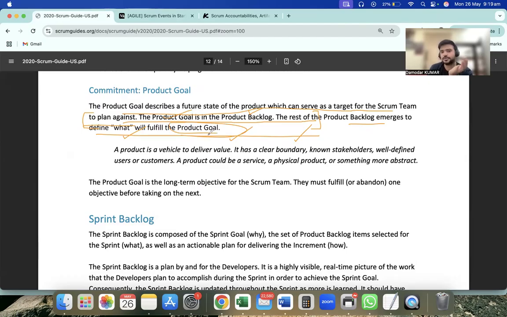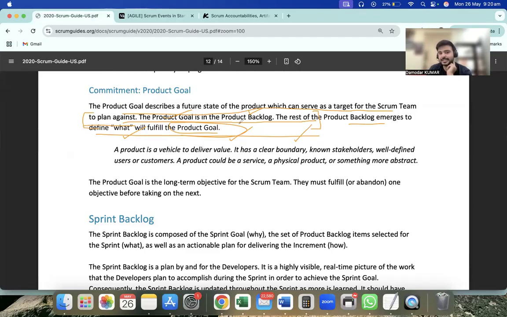So let's take the same example. Our product goal was to make a community for the users where questions can be asked and answers can be given, with like-minded people who are focused on achieving or transitioning into Scrum Master goals. So this is the product goal.